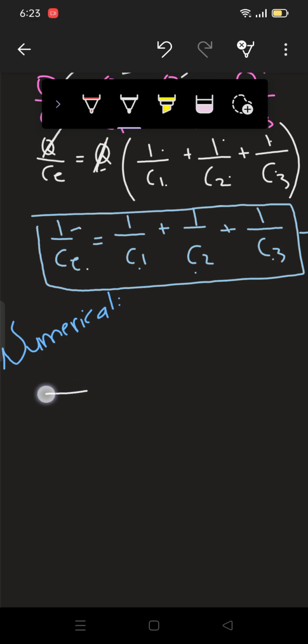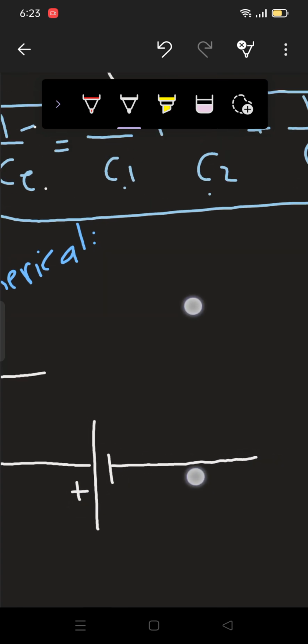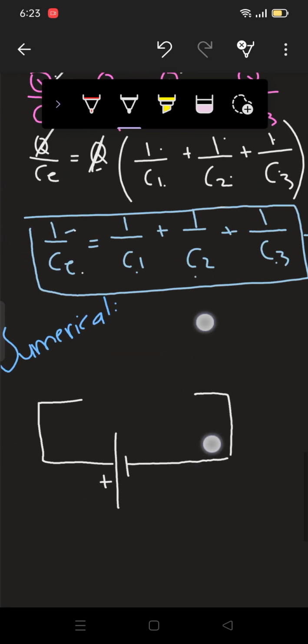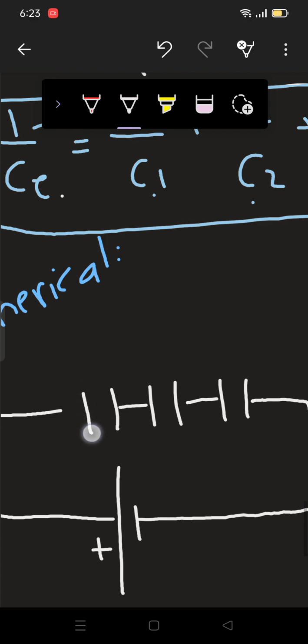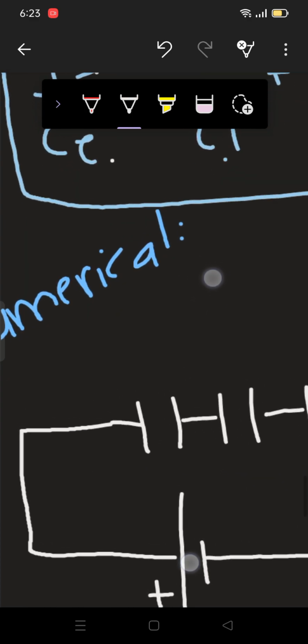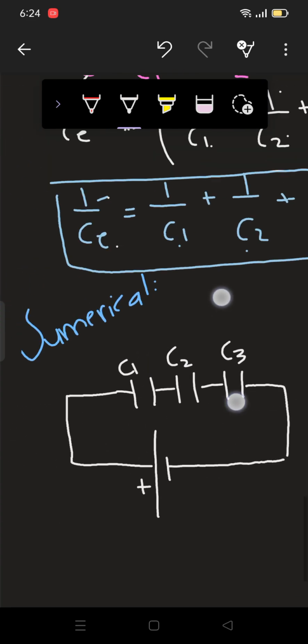We have three capacitors which are connected with the positive and negative terminals of the battery. This is C1, this is C2, this is C3.